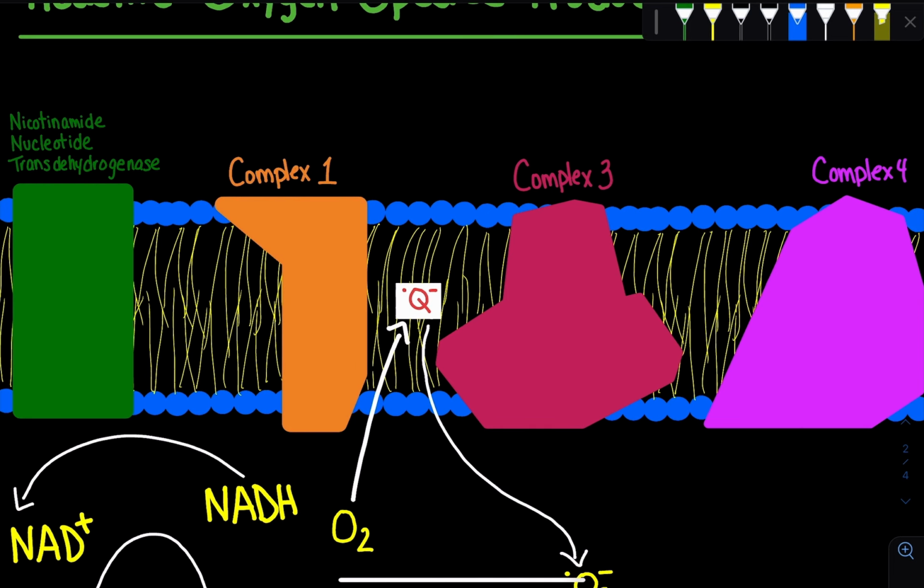So essentially, when NADH gets oxidized at complex number 1, it's going to be passed on to FMN, passed on to iron sulfur clusters, and then passed on to quinone. And this quinone, when it gains 1 electron and it persists for too long with only 1 electron, it exists as a semiquinone.